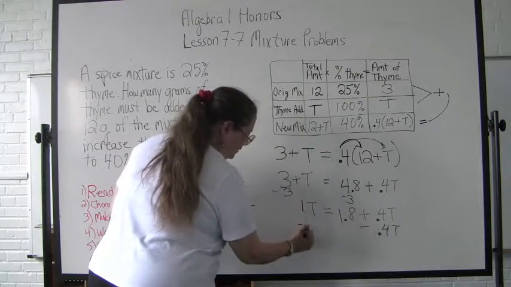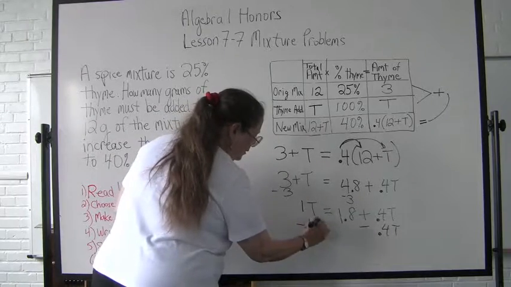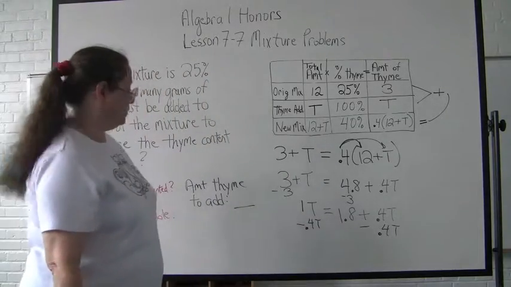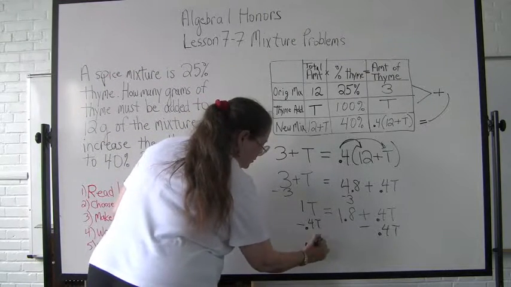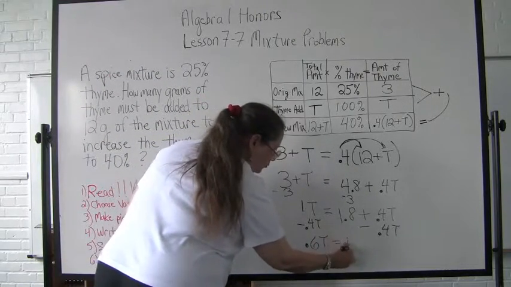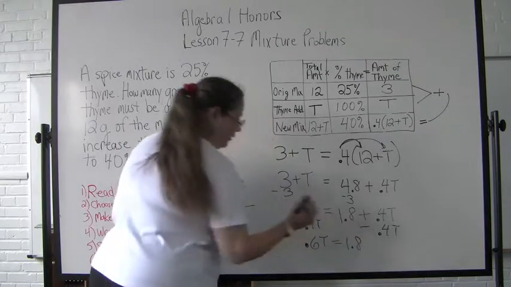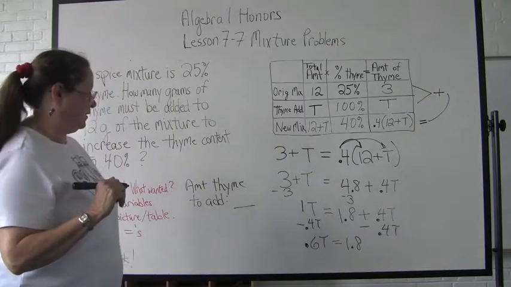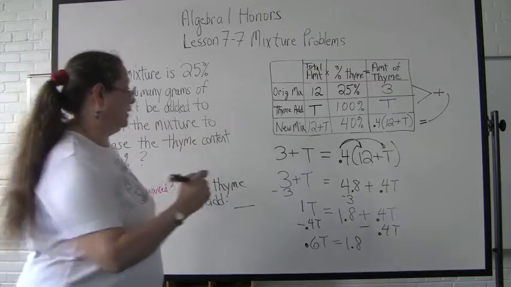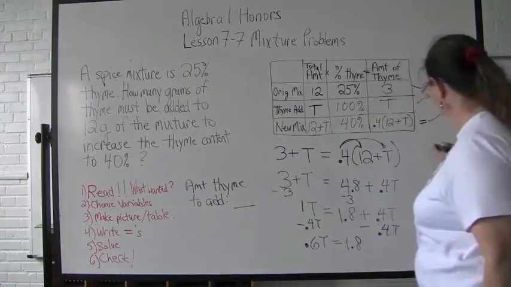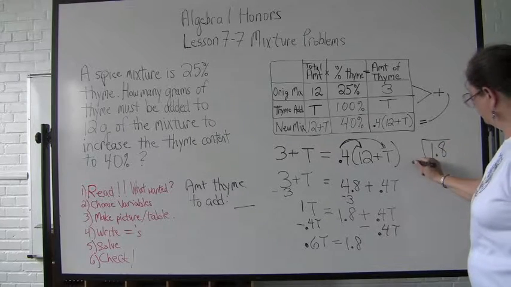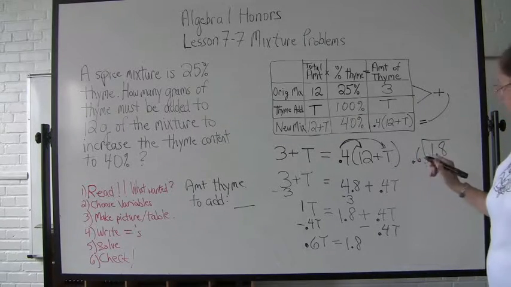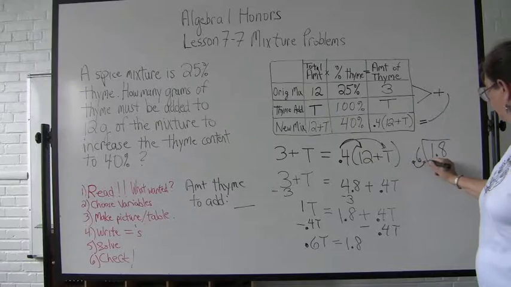So this is 1t minus 0.4t, and what I'm left with is 0.6t equals 1.8. To find my answer, I take 1.8 and divide it by 0.6. My decimals each move one spot.